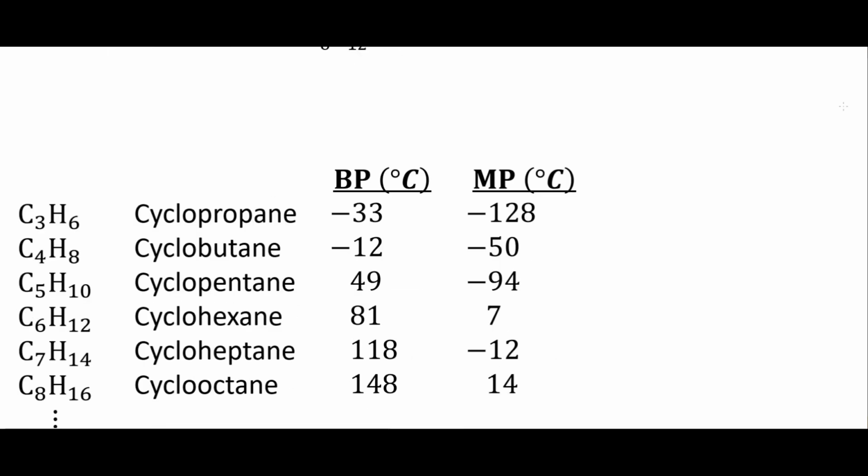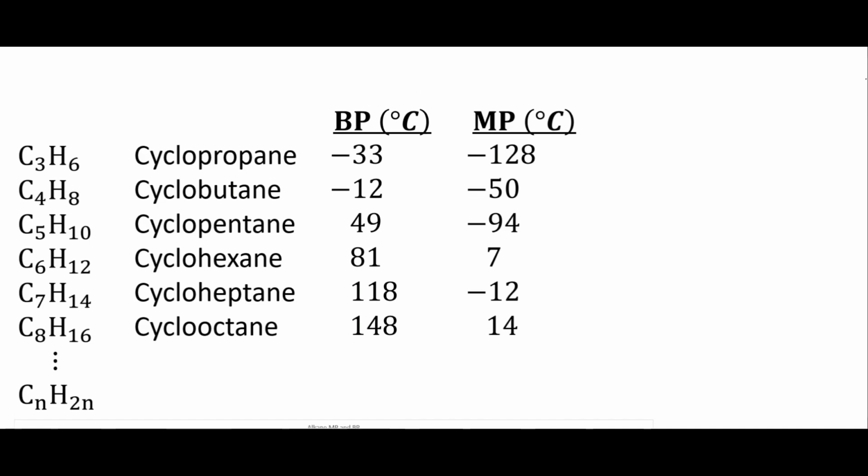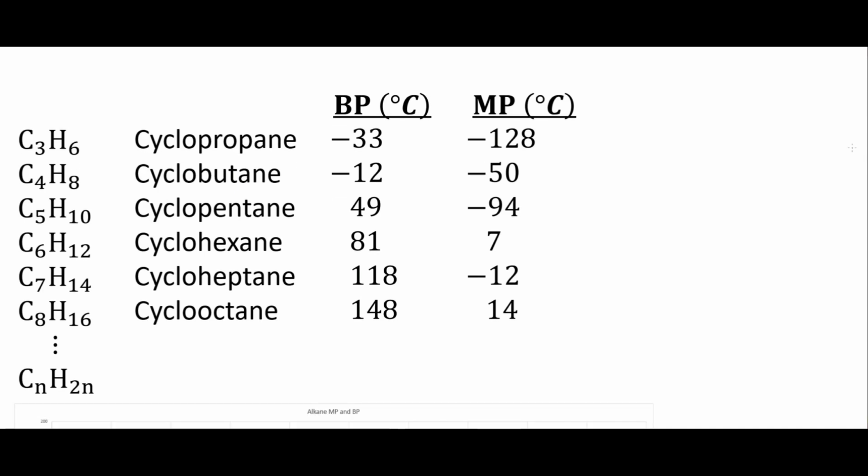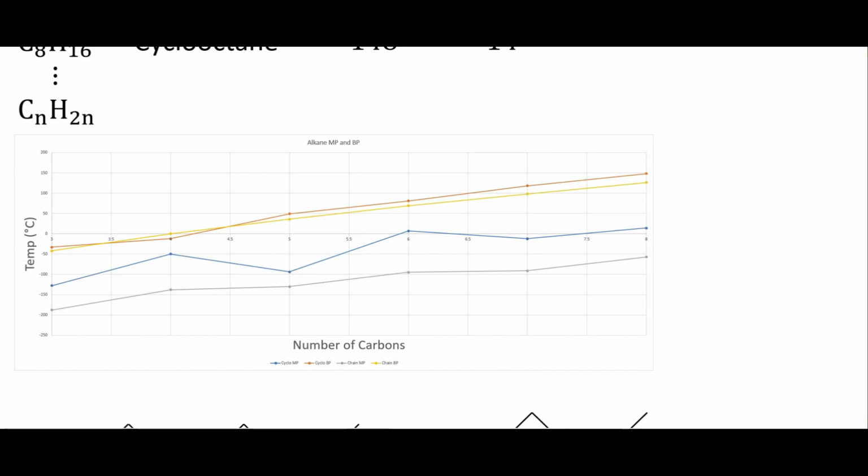But if we want to look at some physical properties, we have cyclopropane to cyclooctane. We have the boiling point and the melting point for them. Melting point is going from solid to liquid, boiling point going from liquid to gas. To put this in context, I've graphed the melting and boiling point of the cycloalkanes. In blue here is the cycloalkane melting point, and in orange is the cycloalkane boiling point.